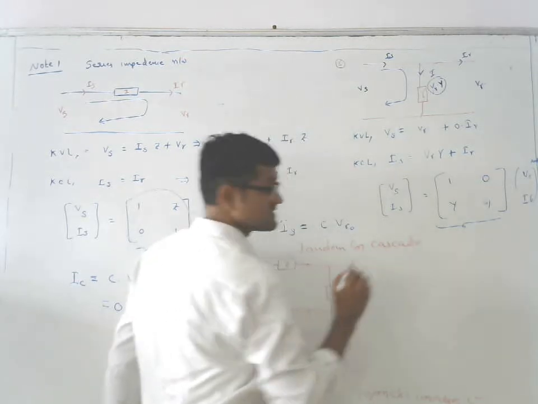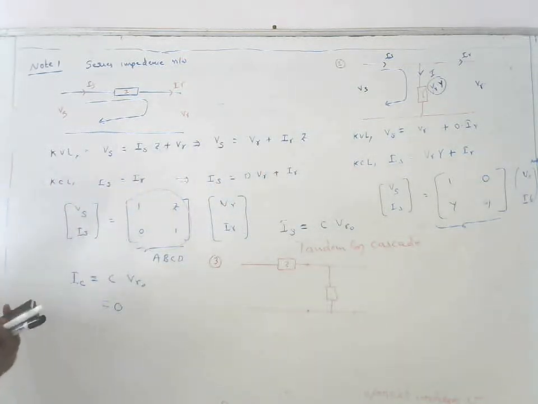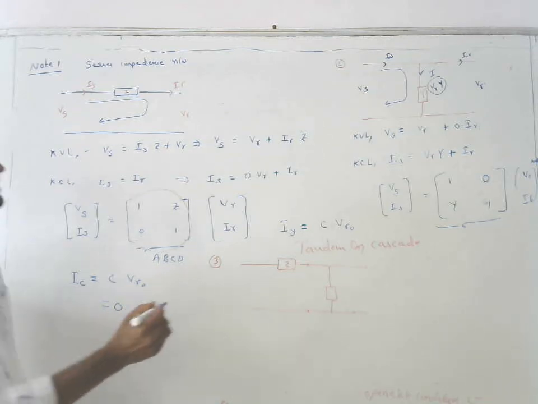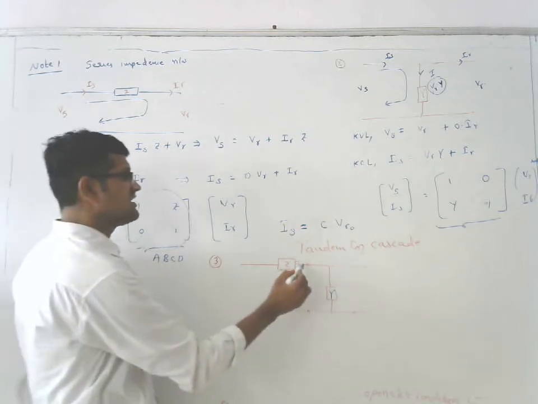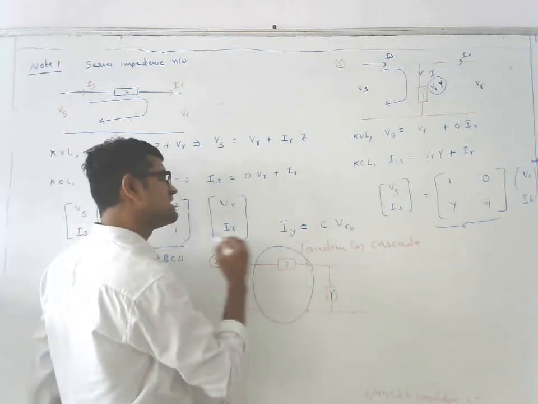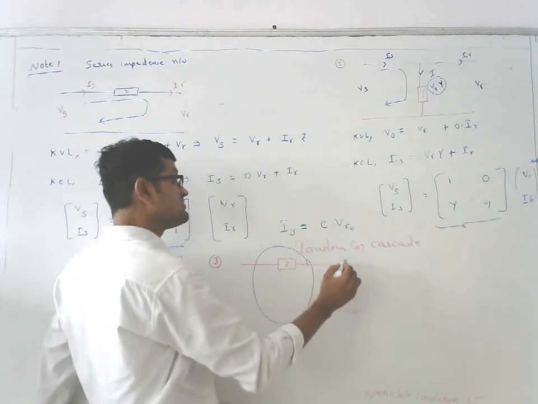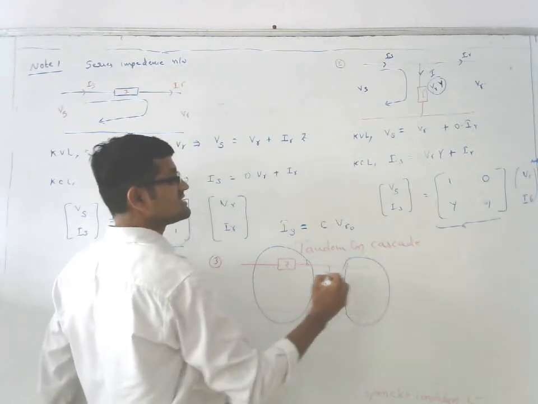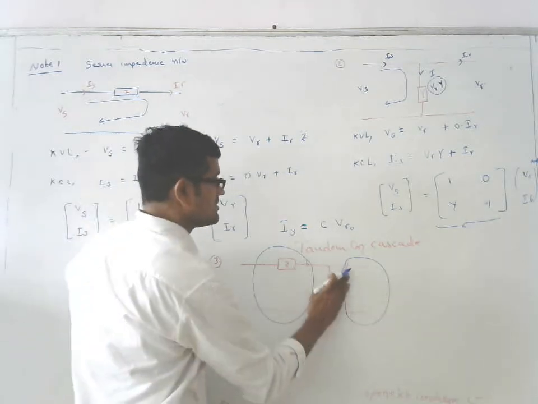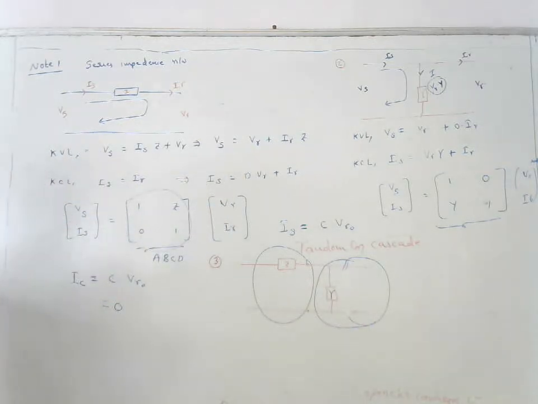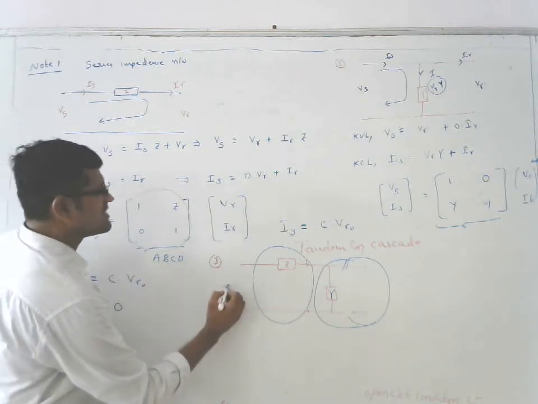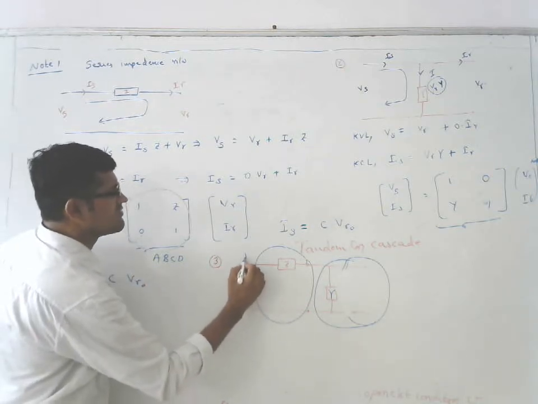Now, for this cascade connection, we have to define ABCD parameters. This is the series impedance, and this is the shunt admittance network. Say this is the sending end voltage, sending end current, receiving end voltage, receiving end current.